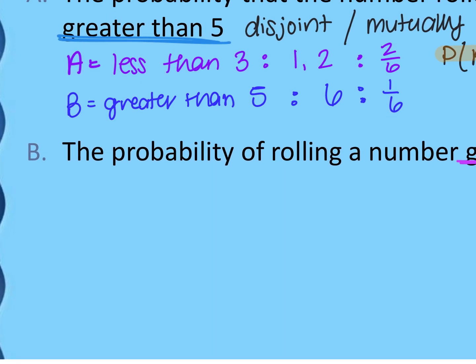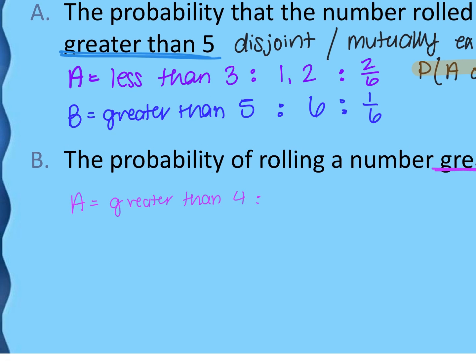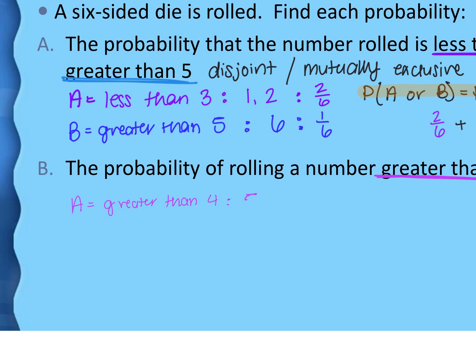So going ahead, A. This one says greater than 4. And what are my numbers that are greater than 4? Good, 5 and 6. And what's that probability? Good, 2 out of 6. And the next one, event B, is what? Even.